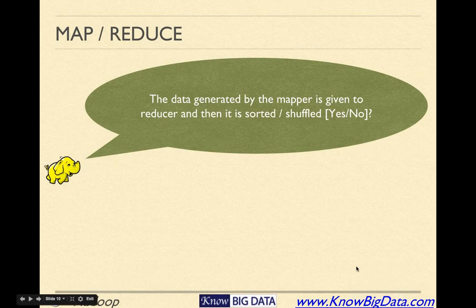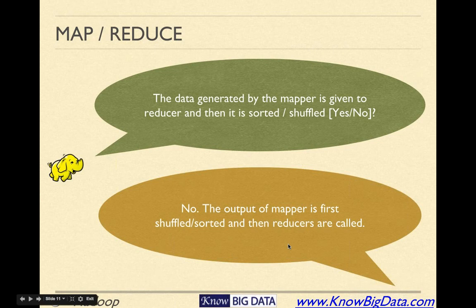Great, all of you got it. No, the output of the mapper is first shuffled and sorted, and then reducers are called. Everybody got it right.